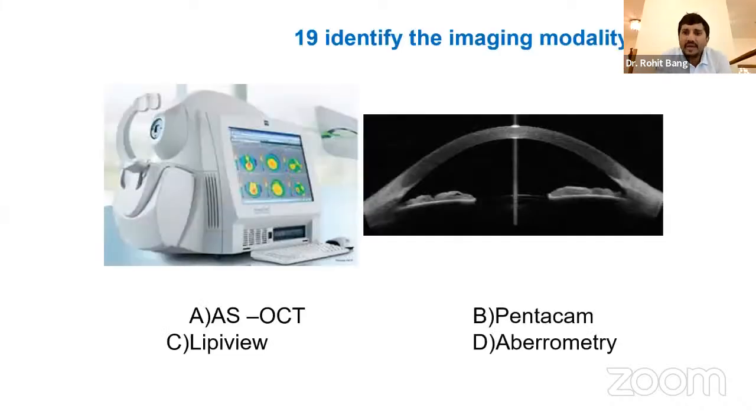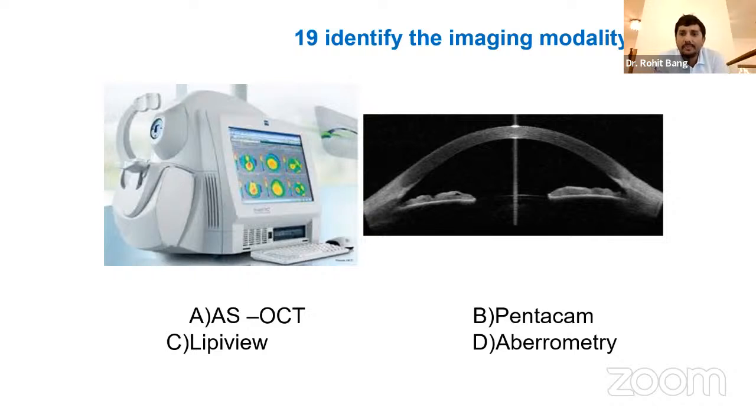Now coming to an imaging modality, identify the imaging modality which is being shown. This is how the image looks, and this is the machine. Whether it's an AS OCT or anterior segment OCT, a Pentacam, a Lipiview, or an aberrometry that we had discussed in one of the previous questions.